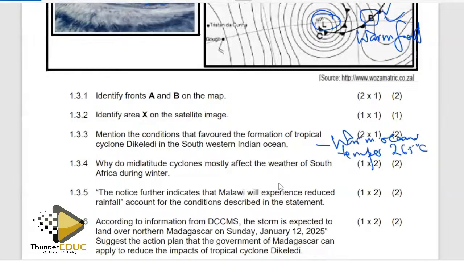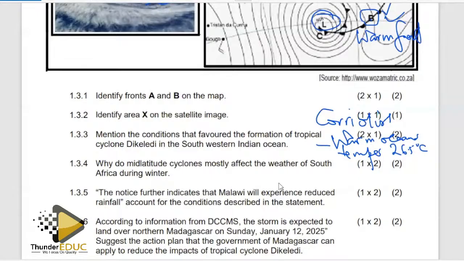And also we can talk of the Coriolis effect, which facilitates the formation of the vortex. We know that tropical cyclones don't effectively form within a region of 0 to 5 degrees of the equator because there is minimum Coriolis effect. But after 5 degrees, the Coriolis force intensity increases.